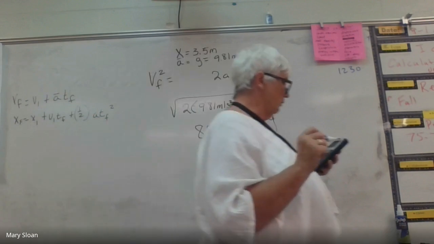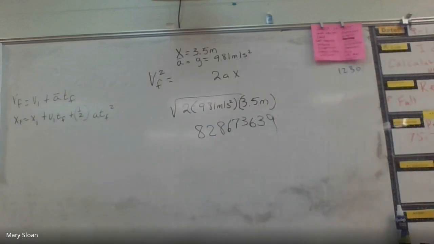Let me check my mode. My mode's in degrees. Yeah, I'm preaching to y'all and I can't even do my own work. It still didn't change. Yeah, it's on radians.